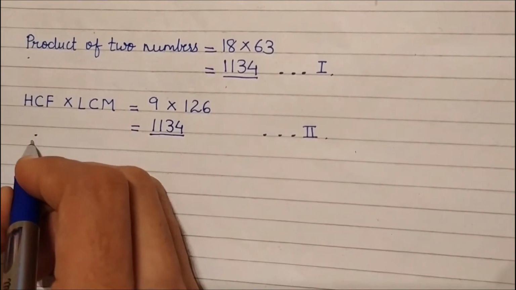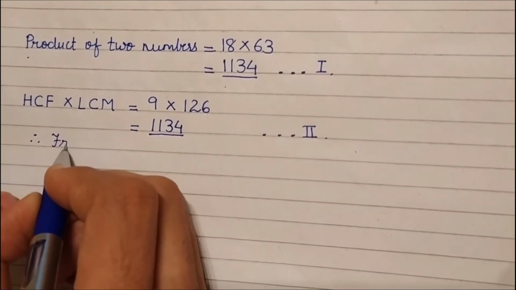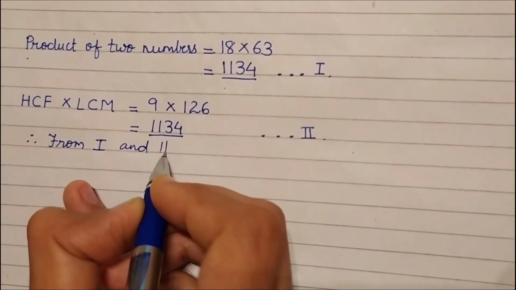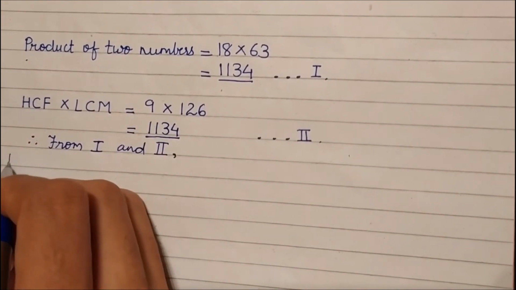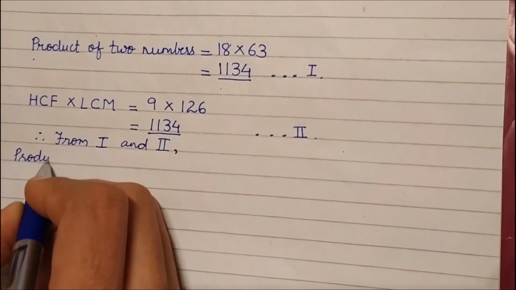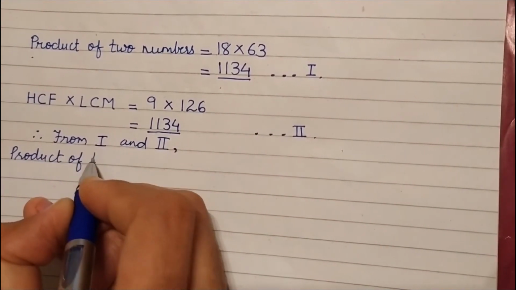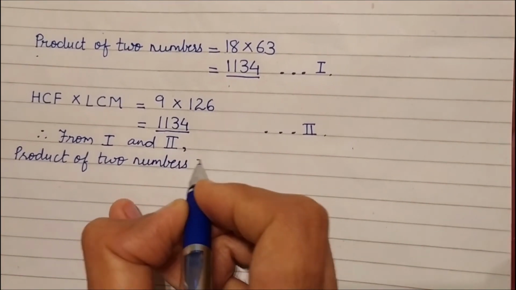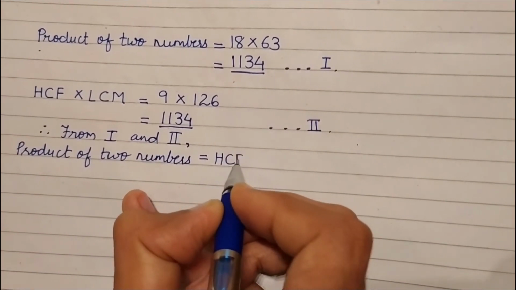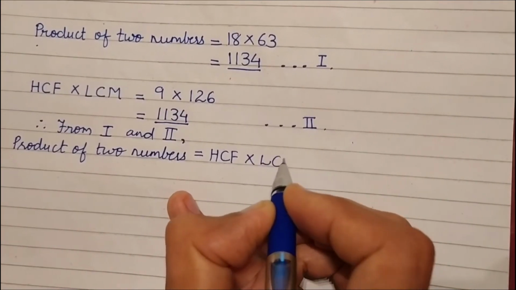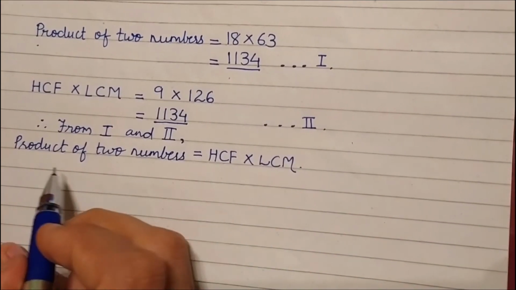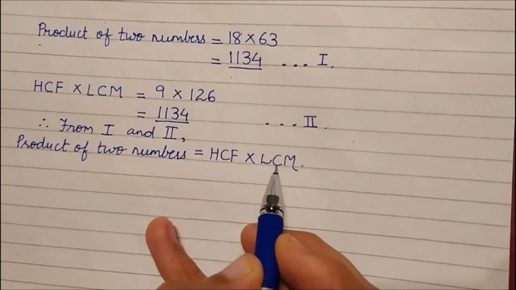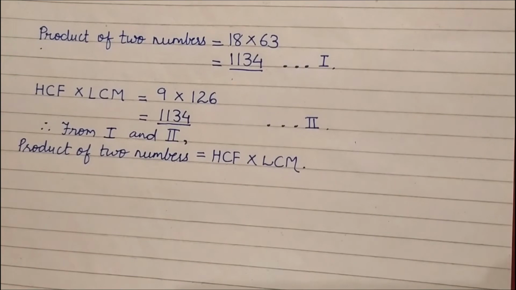So we can write, therefore, from statement 1 and 2, product of two numbers is equals to HCF into LCM. So the property product of two numbers is equals to HCF into LCM is verified.